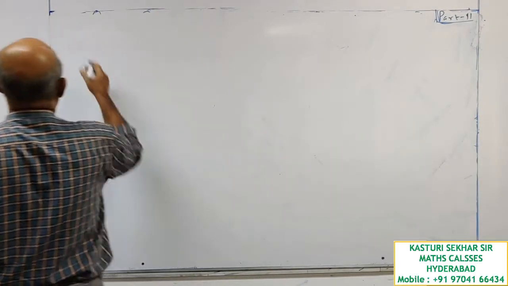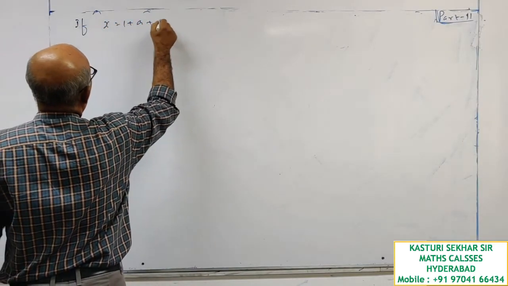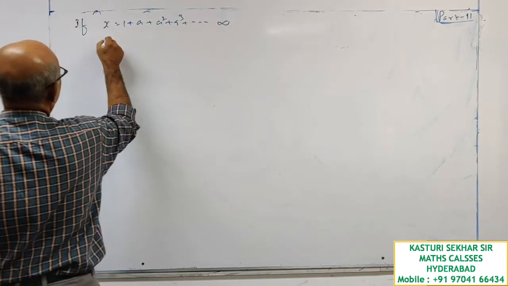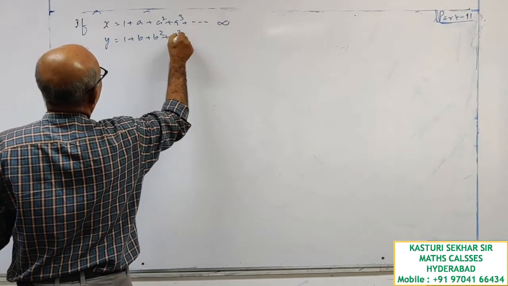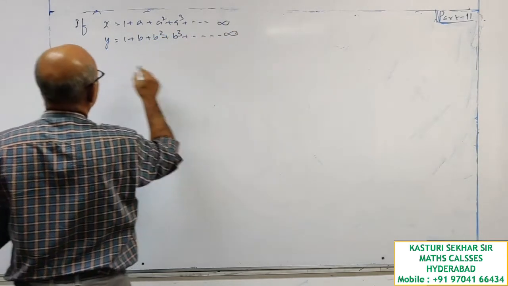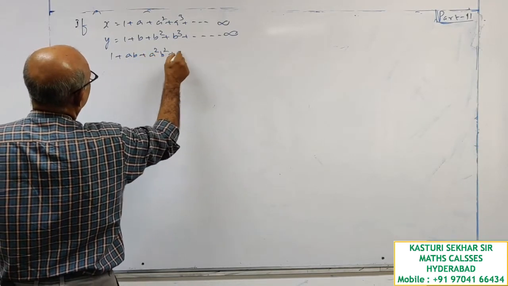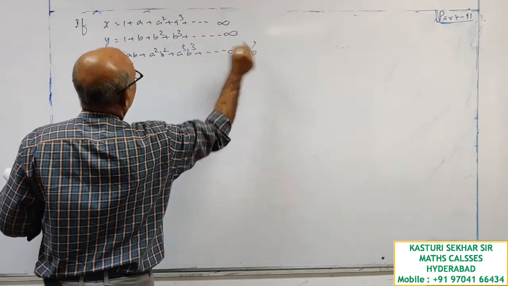Next, if x is equal to 1 plus a square plus a cube plus etc. to infinity, y is equal to 1 plus b square plus b cube plus etc. to infinity, then 1 plus ab plus a square b square plus a cube b cube plus etc. to infinity is equal to question mark.